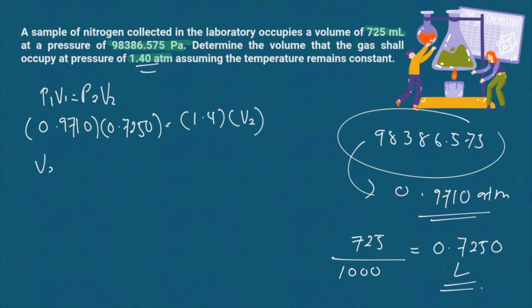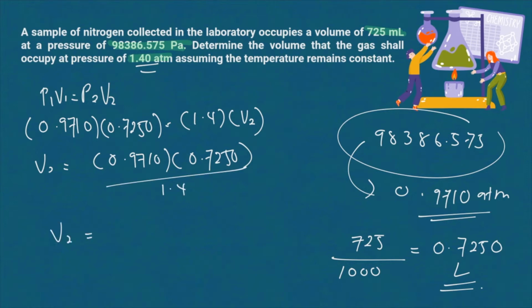So V2 is equivalent to 0.9710 times 0.7250 divided by 1.4, and you should be able to get the value for V2 is equivalent to 0.5028 liter. So this is the final answer for question number 1B.